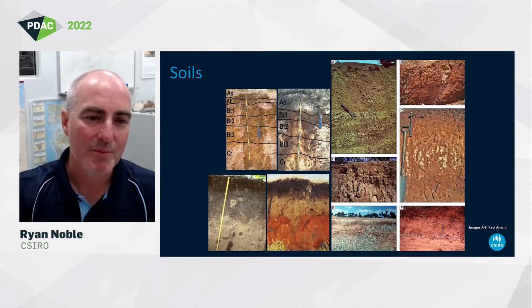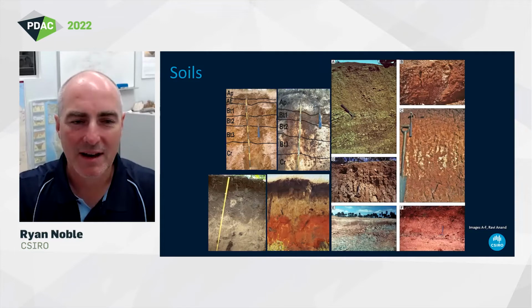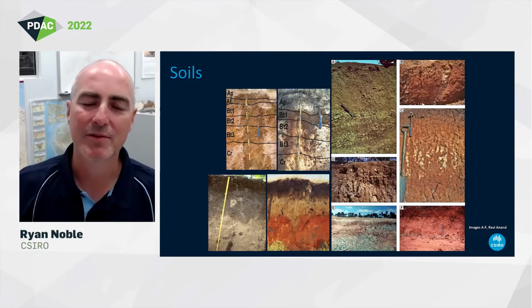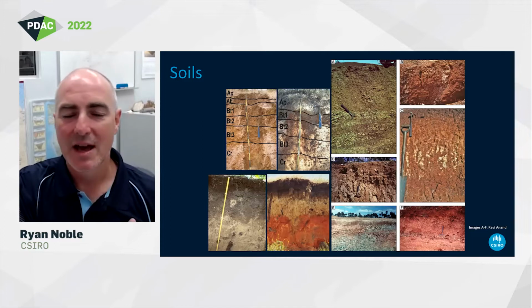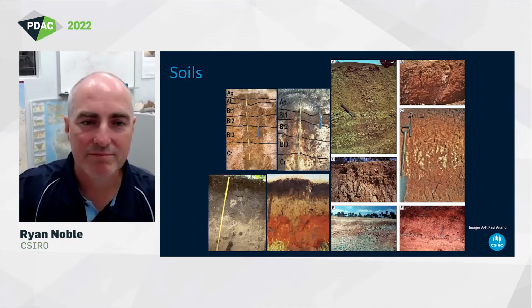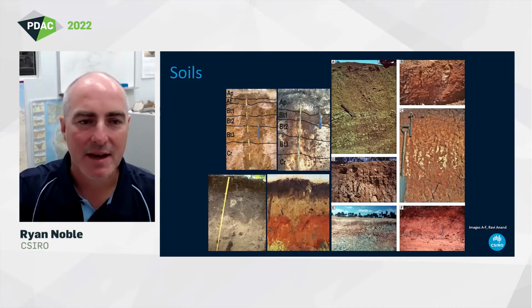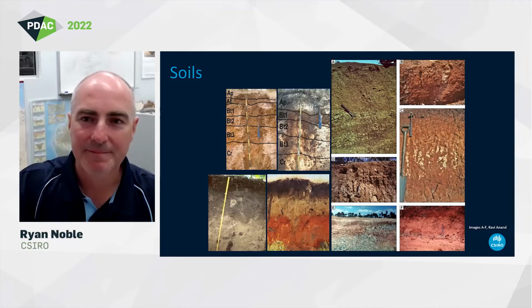Interestingly, those two soil profiles on the bottom left are actually not very far apart, and you can see they look distinctly different. So if you were planning a regional soil survey in this area, you may want to consider what sample media or what depth is the best part to be sampling.